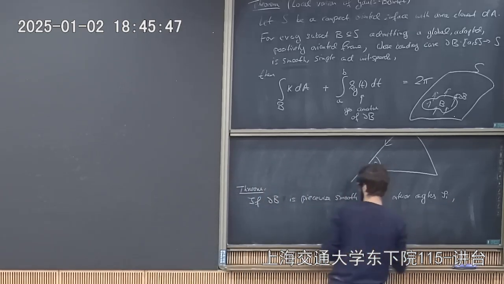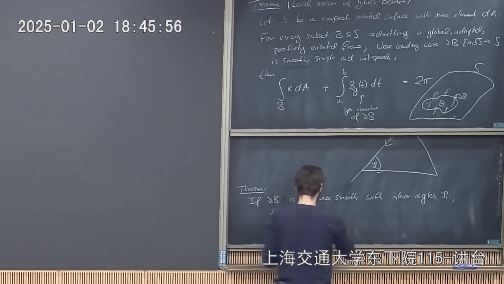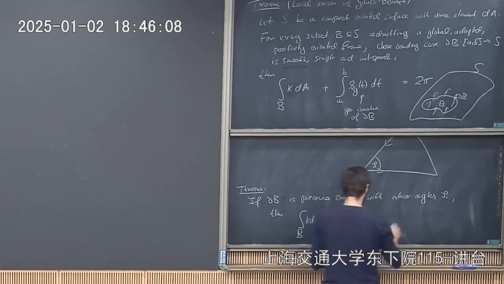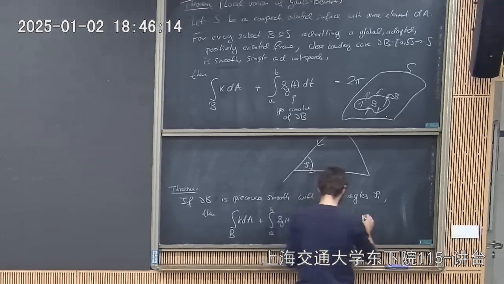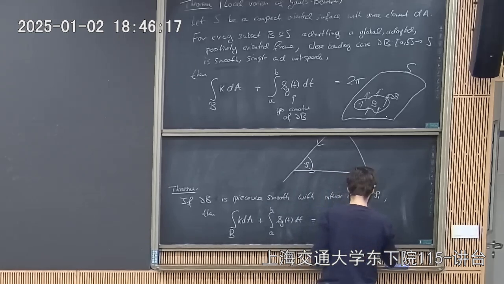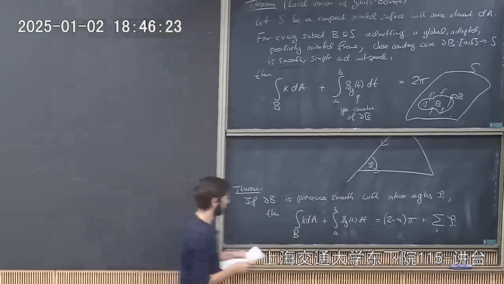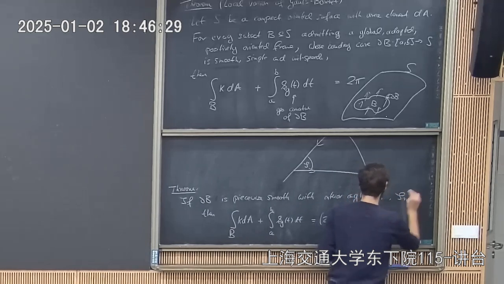Then you get the following formula, which in this case is... the angles would be n angles.